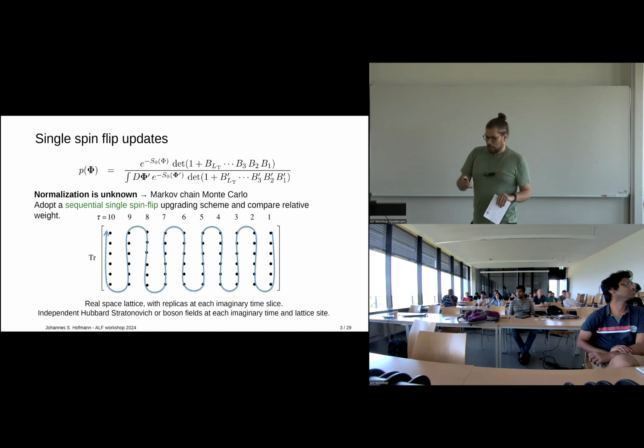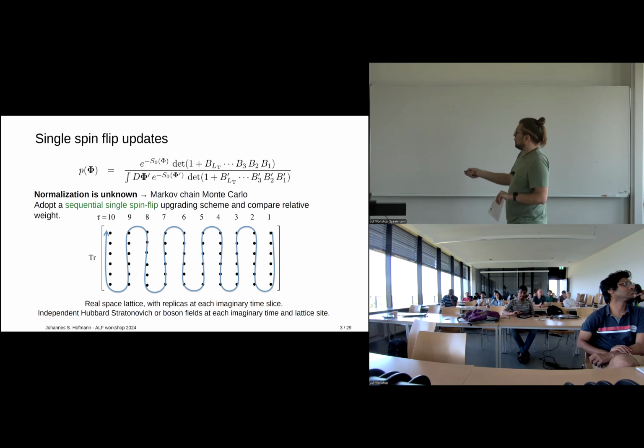And the updating scheme, like what are the configurations that we are comparing, is this: I rotated the configuration by 90 degrees, so the imaginary time is on this axis, while space is on the vertical lines.